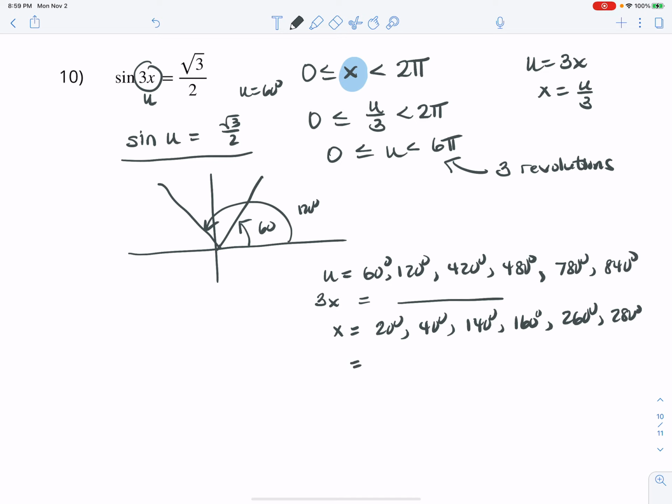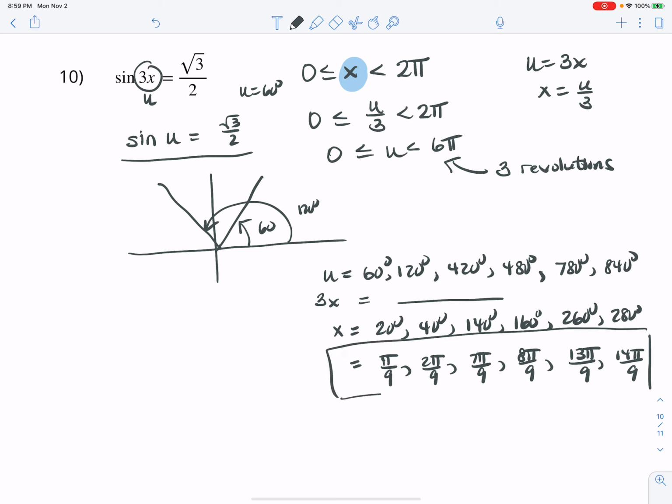And then in radian mode, well, multiply each one by pi over 180. That's going to give us pi over 9, 2 pi over 9, 7 pi over 9, 8 pi over 9, 13 pi over 9, and 14 pi over 9. 6 solutions, which is what we saw on the graph earlier.